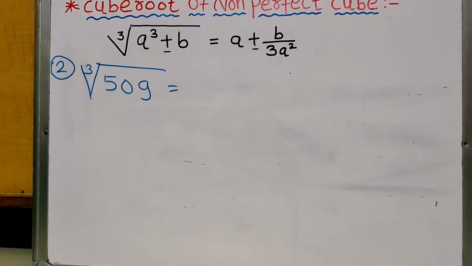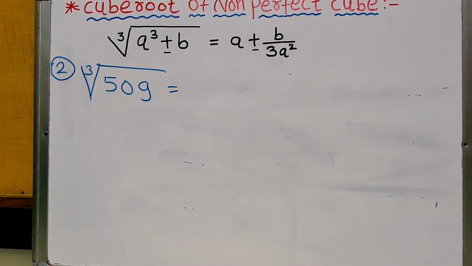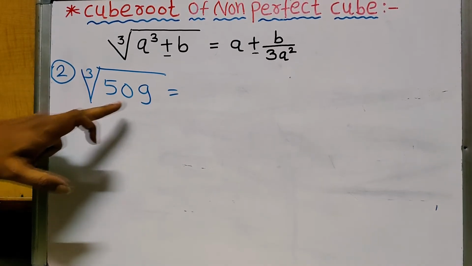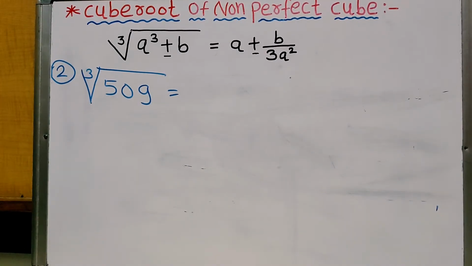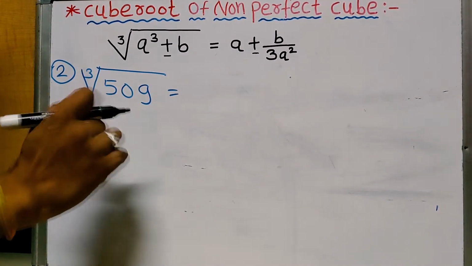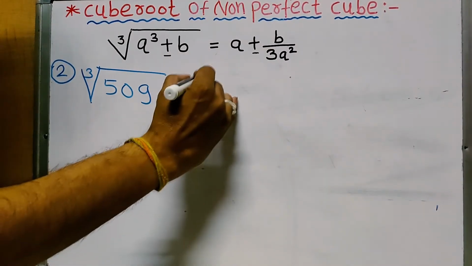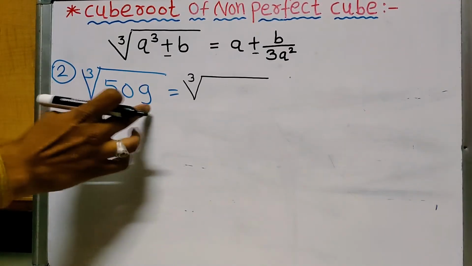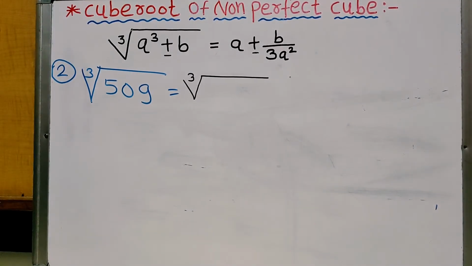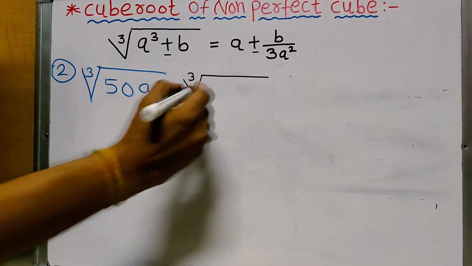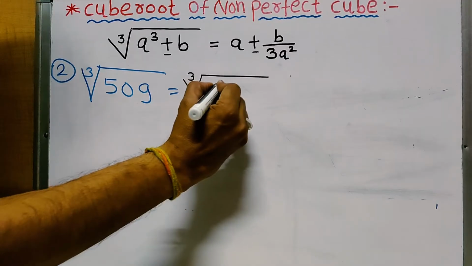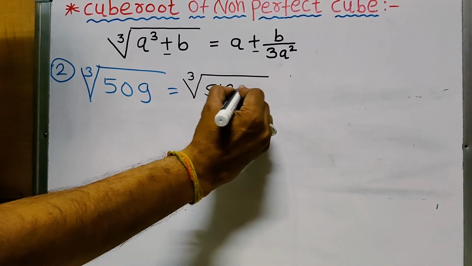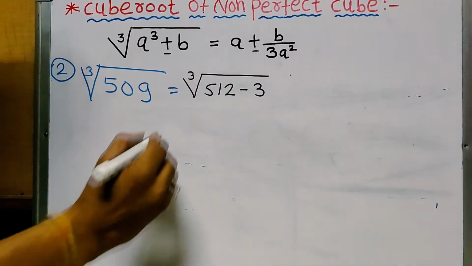Again we split 509. We know 509 is not a perfect cube number, so split 509. 509 is close to the cube number 512, so 509 is split in this way: 512 minus 3.